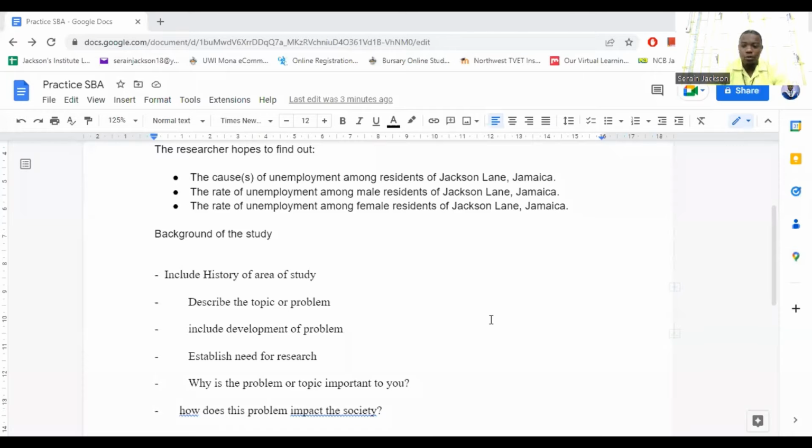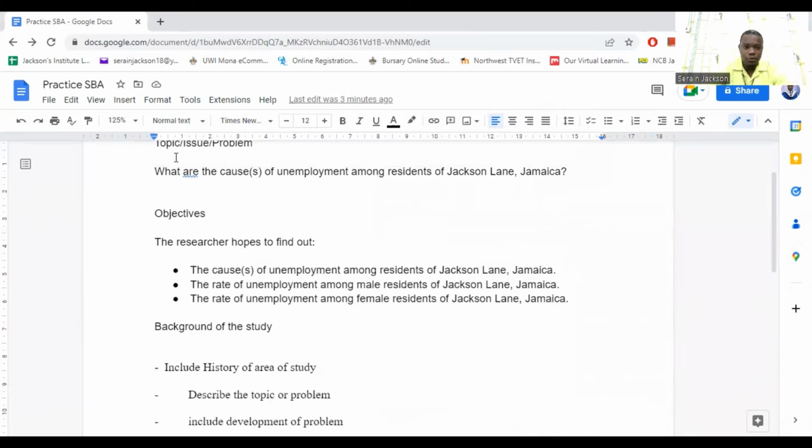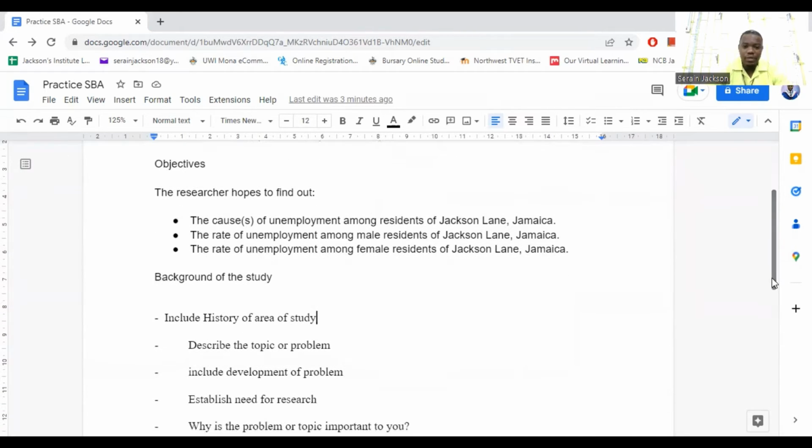All right, so when you look here, just for recap purposes, this was my topic. What are the causes of unemployment among residents of Jackson Lane, Jamaica? Obviously, Jackson Lane is a fictitious place, so just bear that in mind. And these are my objectives.